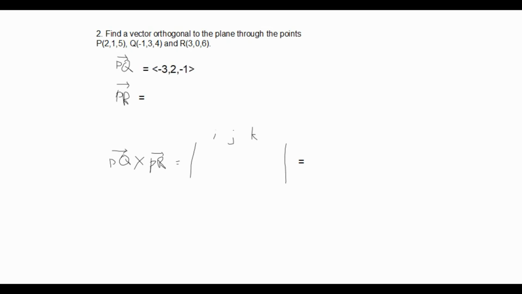Alright, you have your PQ vector now. So the next vector to look for is PR. So 3 minus 2, and that will be 1. 0 subtracted with 1, -1.